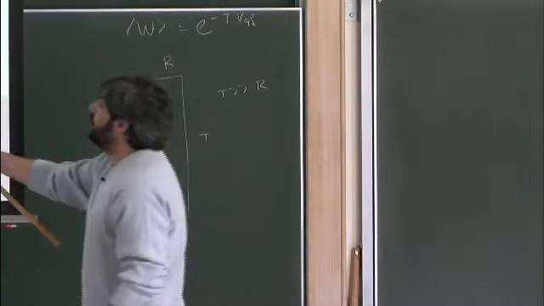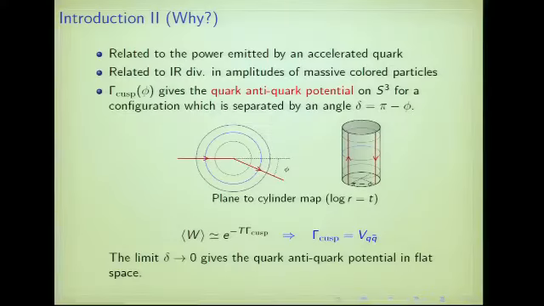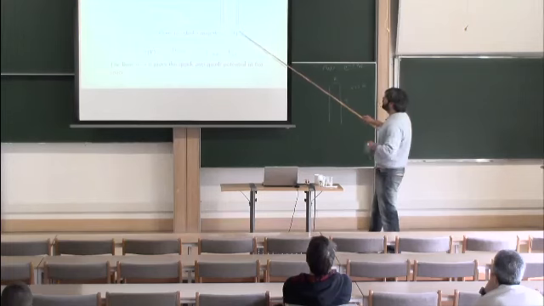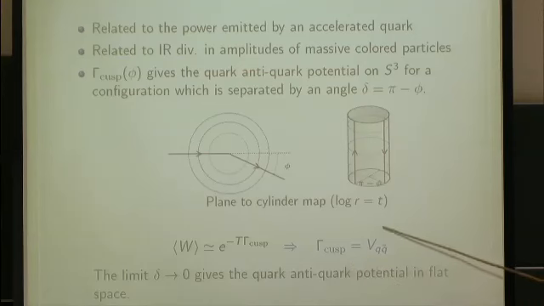It doesn't look like it, but if you take the plane to cylinder map, I define the logarithm of the radial distance as the time in this cylinder. These two lines are mapped to parallel lines in the cylinder. If you have a cusp, these lines are not antipodal, and they are separated by pi minus phi. Moreover, the UV cutoff is mapped to past infinity in this time, and the infrared cutoff is mapped to future infinity.